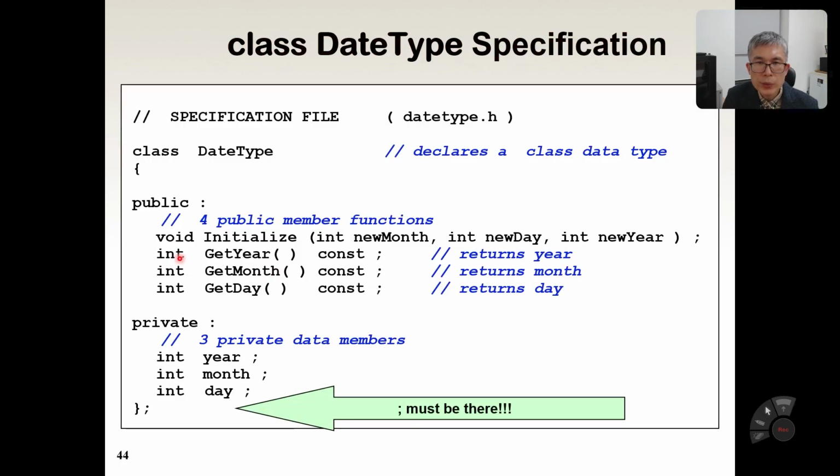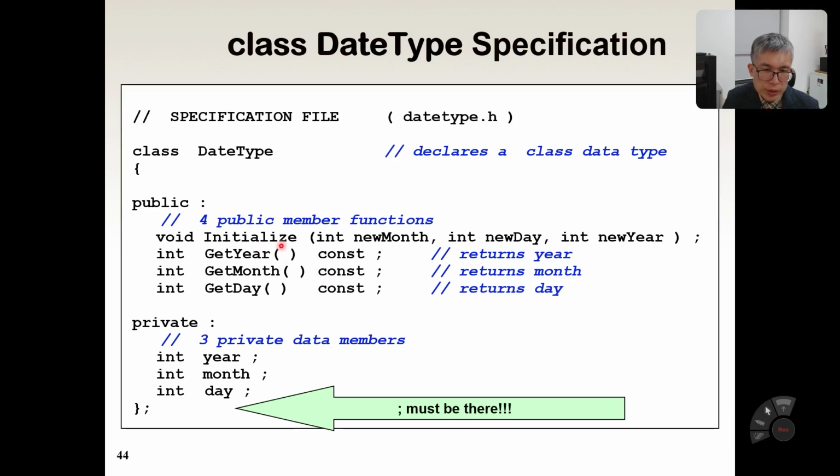This figure shows a class data type specification. We can define a class type with public and private sections. Public means functions outside can access objects generated by this class; the functions can be called from outside the class. Private means other objects or functions cannot access directly, so we allow access to these properties using member functions.